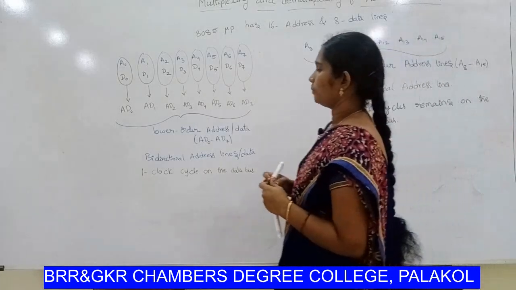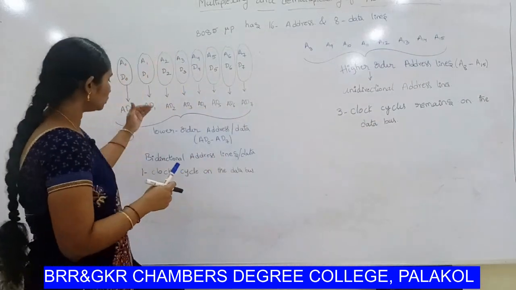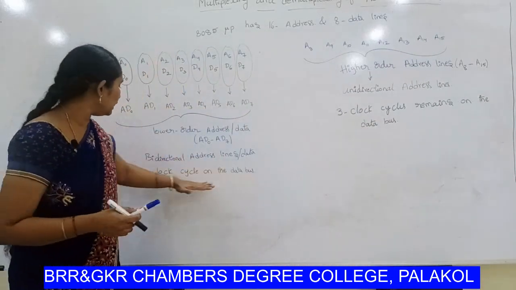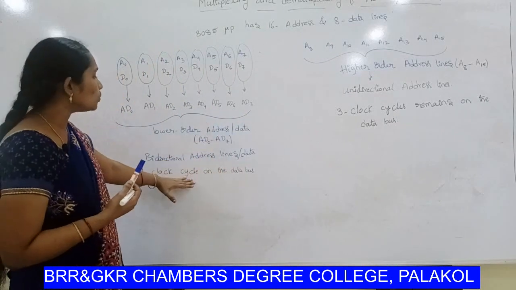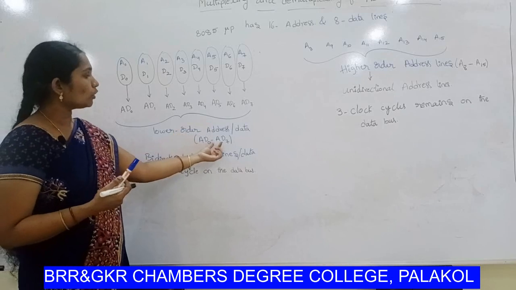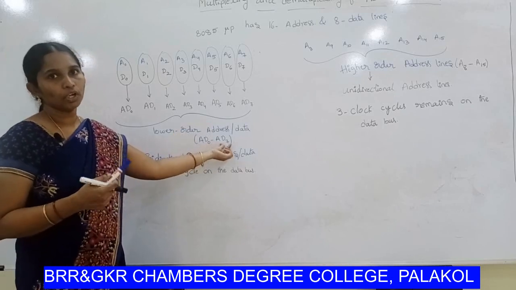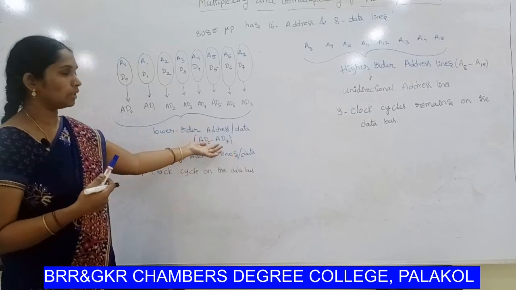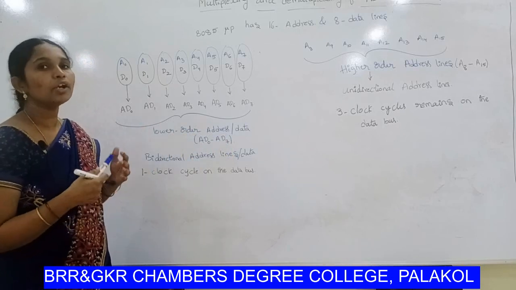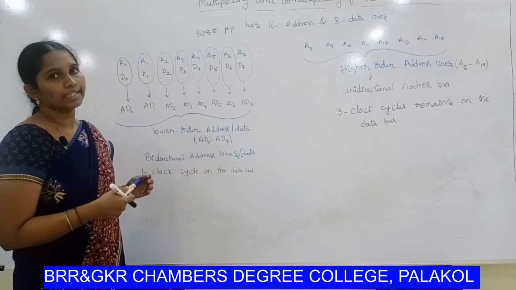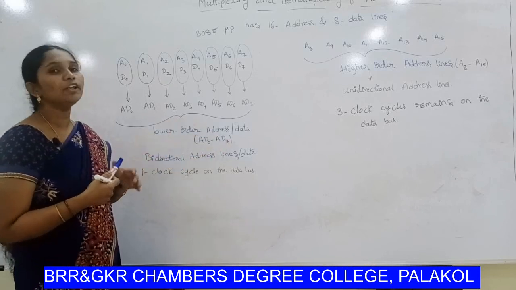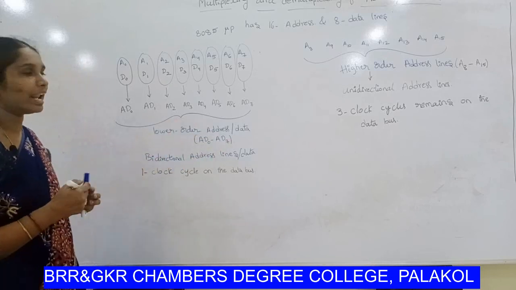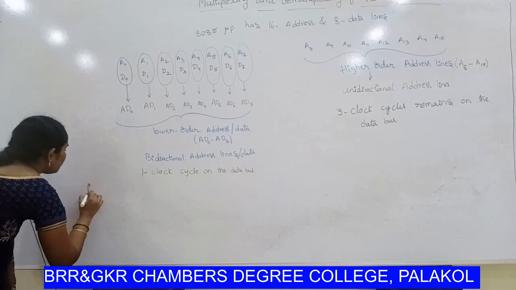So, since AD0 to AD7 stay on the data bus for only one clock cycle, we have to save them. If we did not save these AD0 to AD7 lines, we would lose them. That's why we have to save the AD0 to AD7 lines.